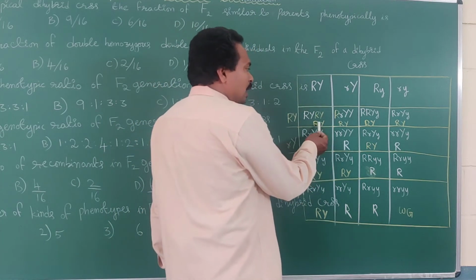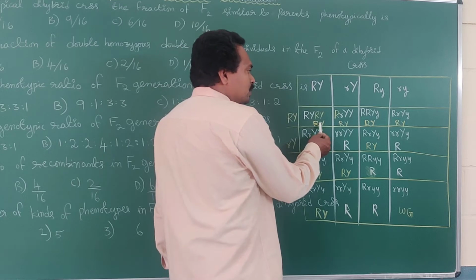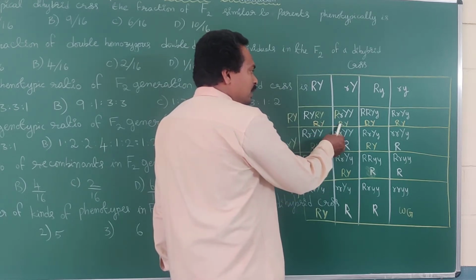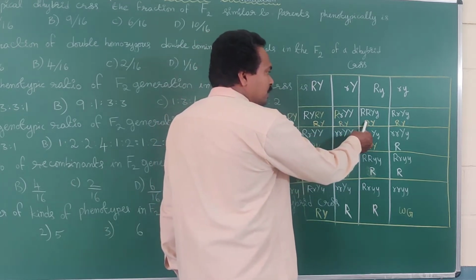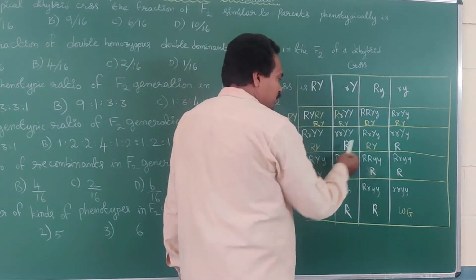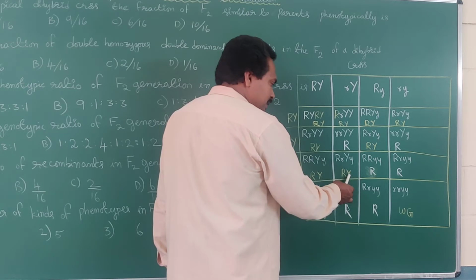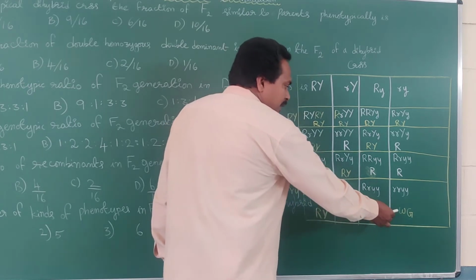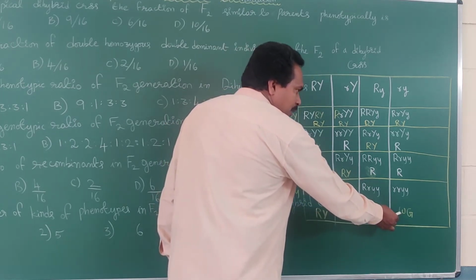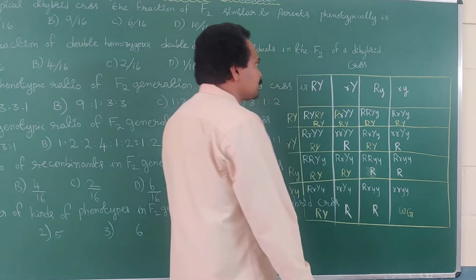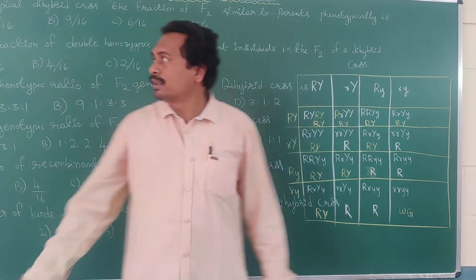Look here, round yellow, phenotypically similar, round yellow second, round yellow third, round yellow fourth. This is the fifth, sixth, 7, 8, 9. Wrinkled green is also there in the parental type. So this is another one. So 9 plus 1, 10. What's the question?